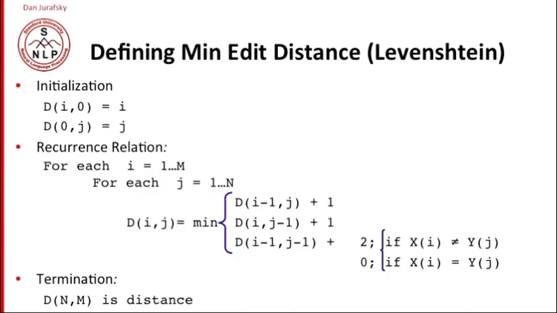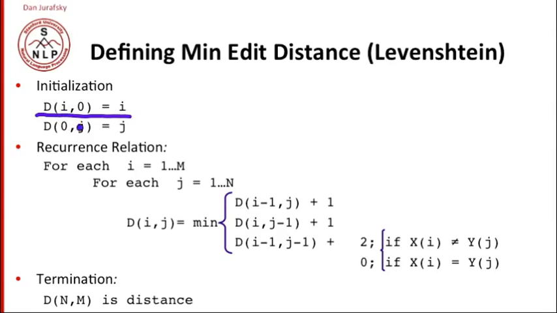Here's the equation for defining minimum edit distance. I've given you Levenshtein distance, which is the distance when there is a cost of 1 for insertions, 1 for deletions, and 2 for substitutions. So let's look at the initialization condition. For the i characters in the x string, the distance between those and the null string in y is the cost of deleting each of those characters.